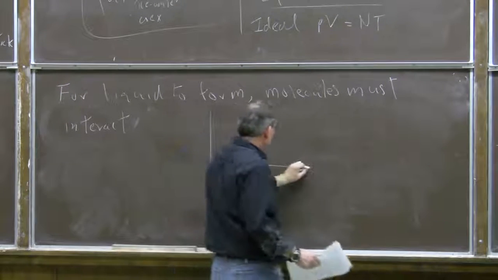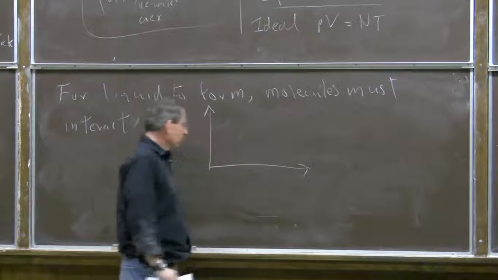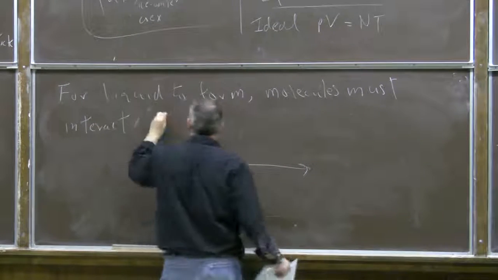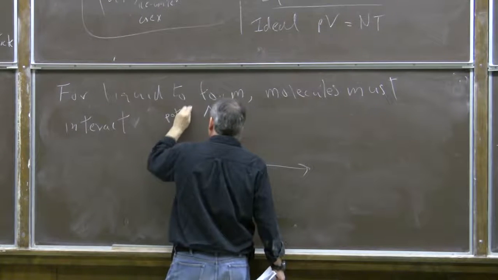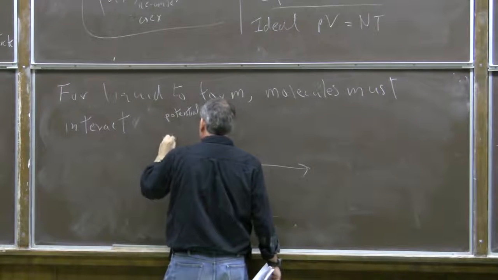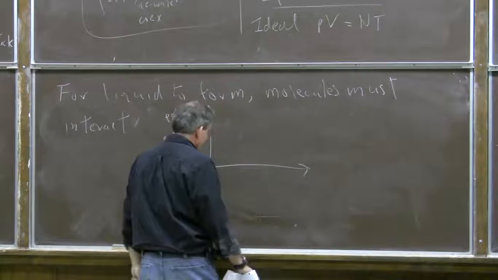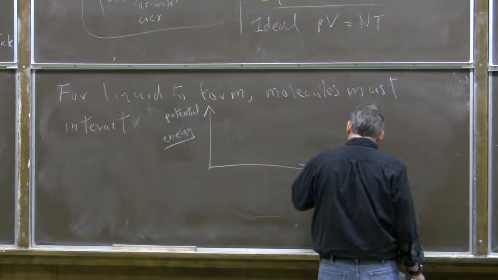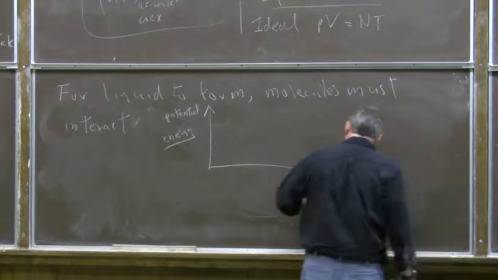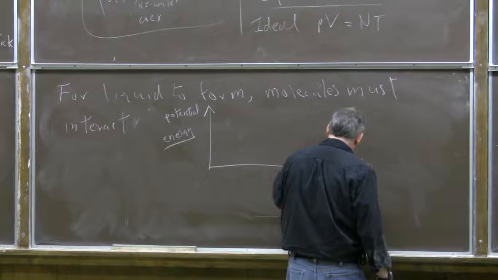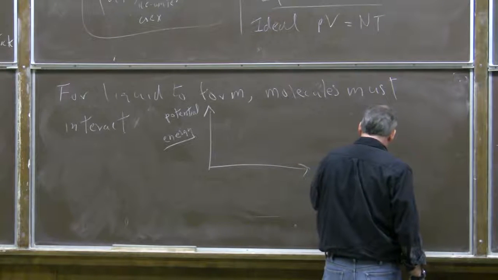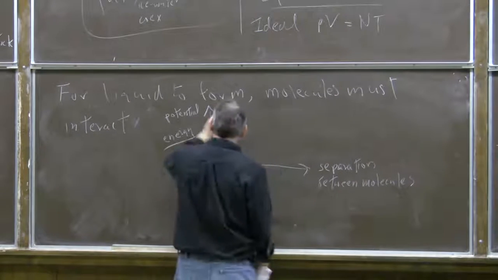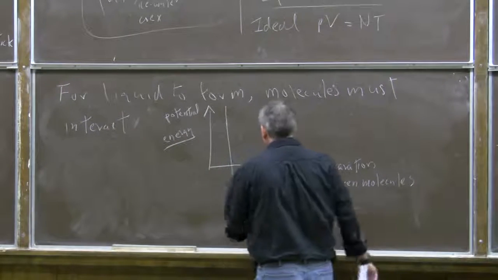We'll consider an interaction potential between pairs of molecules, where this is the potential energy as a function of separation between molecules. Which looks something like this.